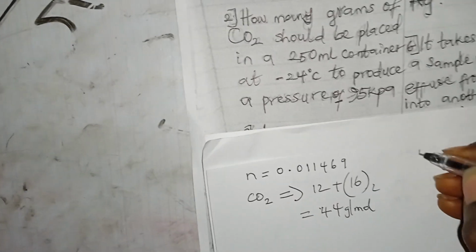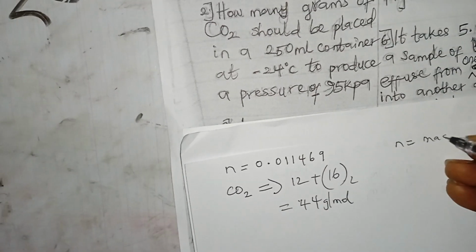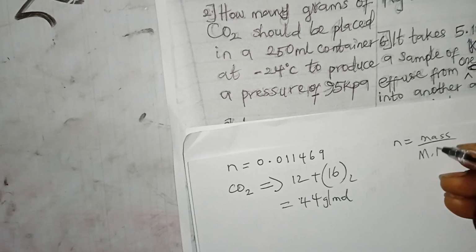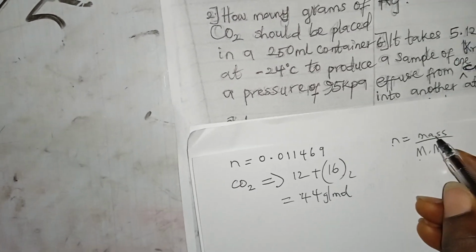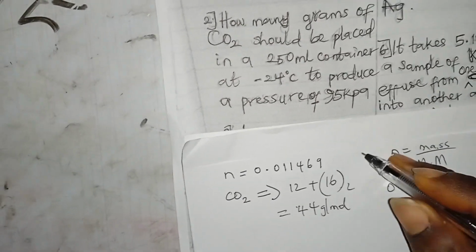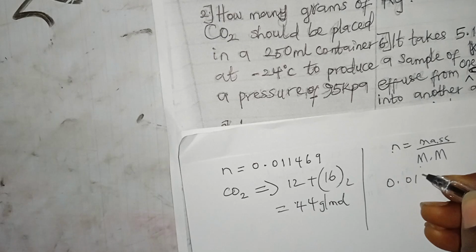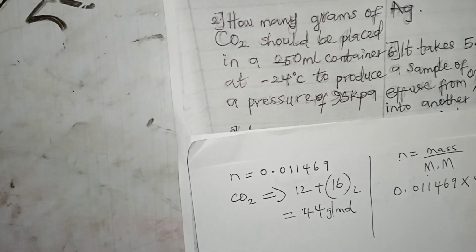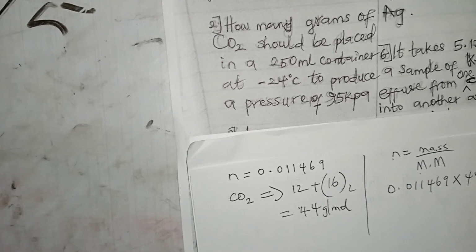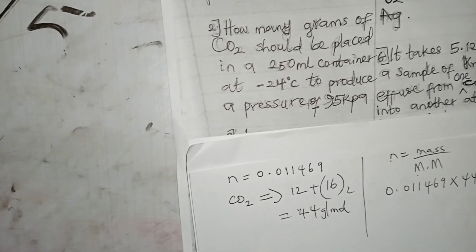So since we know that mole is equal to mass over molar mass, we have mole, we have molar mass, we are looking for mass, which is gram. This is the same thing as saying 0.011469 times 44 gram per mole equals mass.